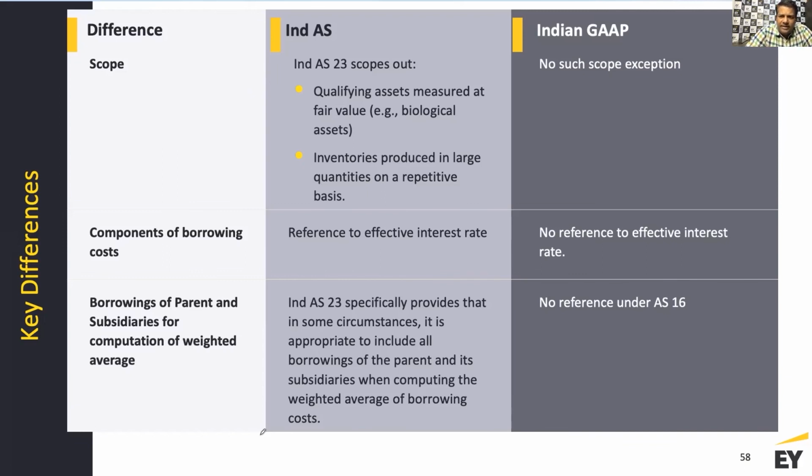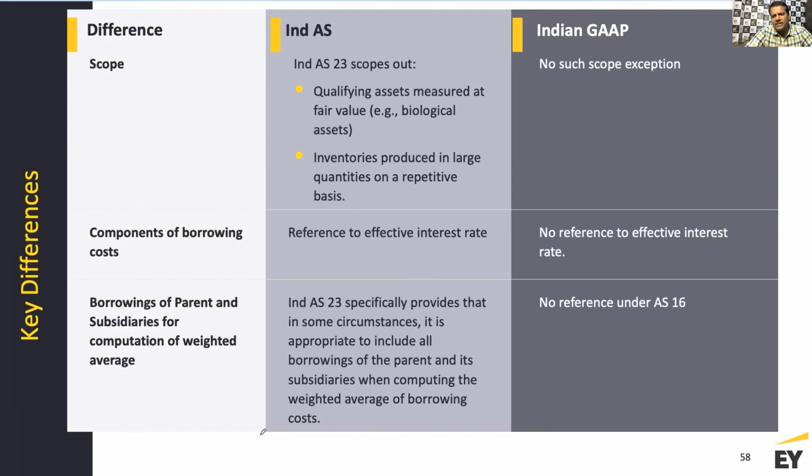That's possible in the framework of Ind AS 23. There are no such detailed references under Indian GAAP. So Ind AS 23 specifically provides that in some circumstances it is appropriate to include all borrowings of the parent and its subsidiaries when computing the weighted average of borrowing cost.